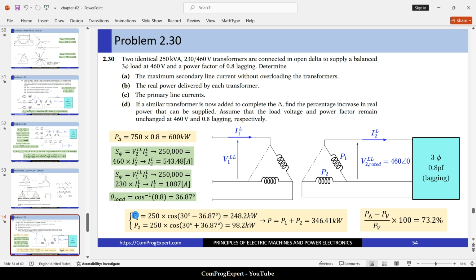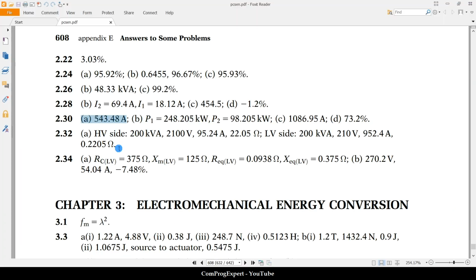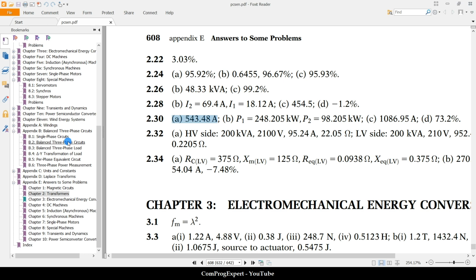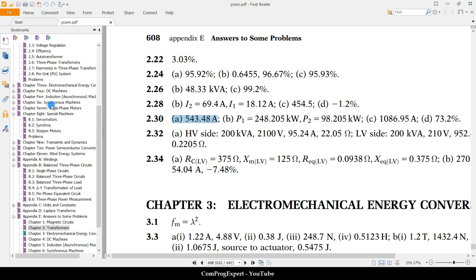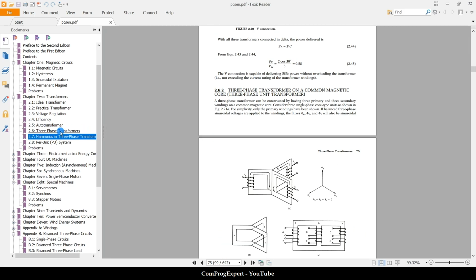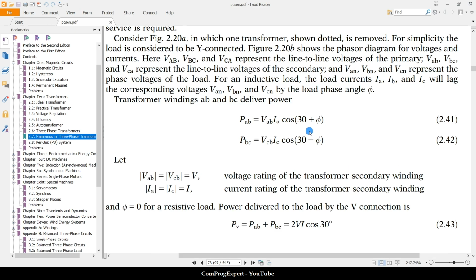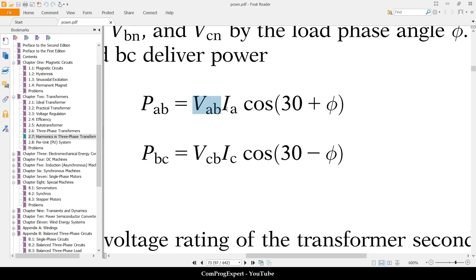Now let's use these two equations that we have in the reference for calculation of the power delivered by the part AB and the part BC, these two. Here we need VAB, VCB, and these two, cosine of 30 plus phi, 30 minus phi.